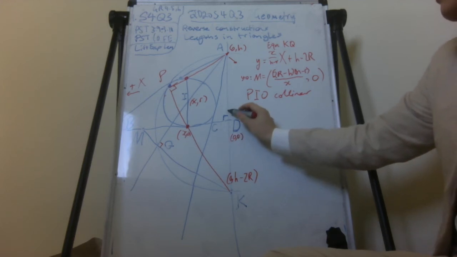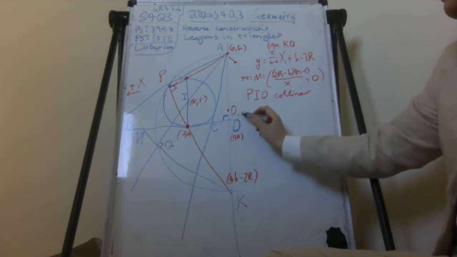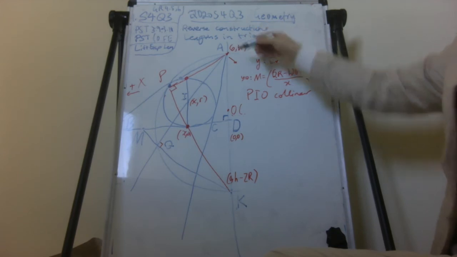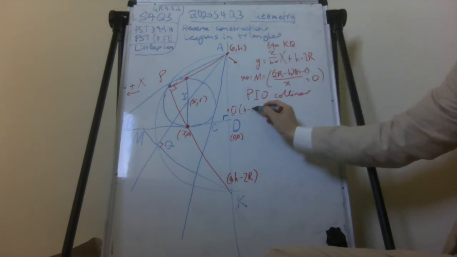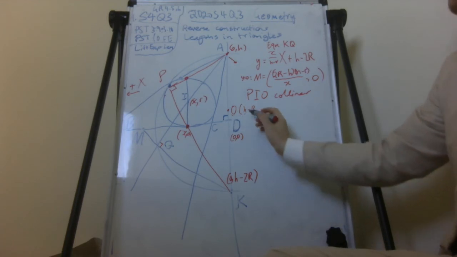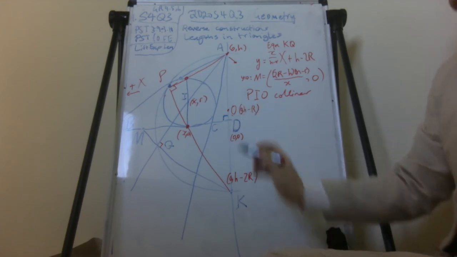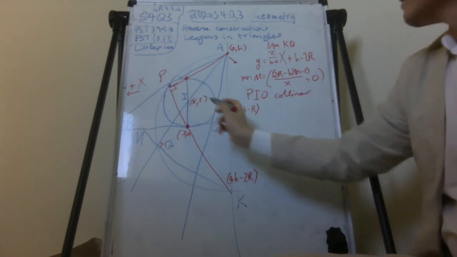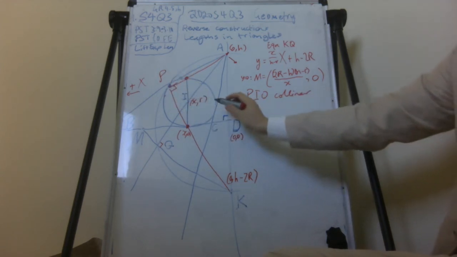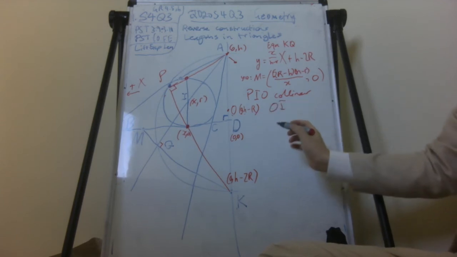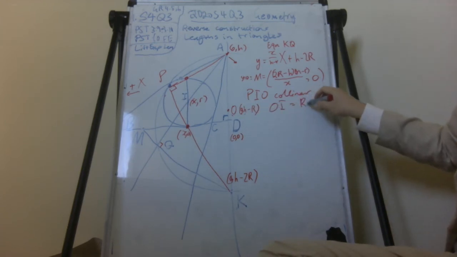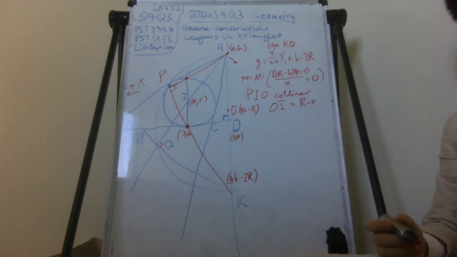It's like another point O, which is the center of the circle, yeah? It has coordinates h minus r, yeah? It passes through there, right? So the distance between O and I should equal big R minus little r, yeah? Oh yeah. Okay.